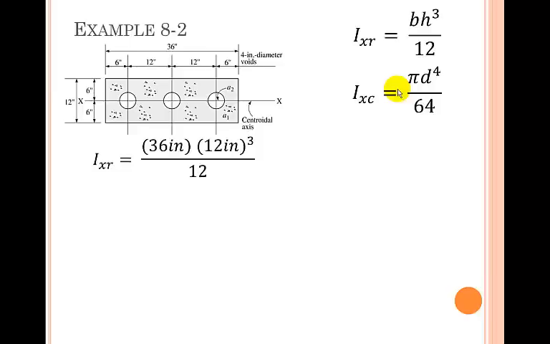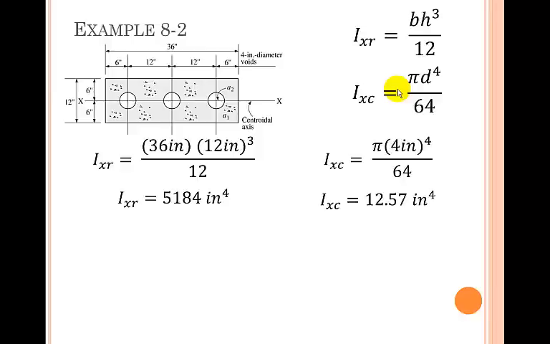When we plug in for the rectangle, we get 36 times 12 cubed divided by 12, so we get 5,184 inches to the fourth. When we do the circle, we have pi times 4 inches, that's the diameter of those circles, 4-inch diameter voids, to the fourth, all divided by 64.